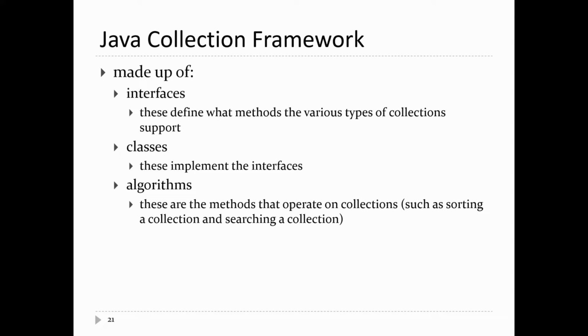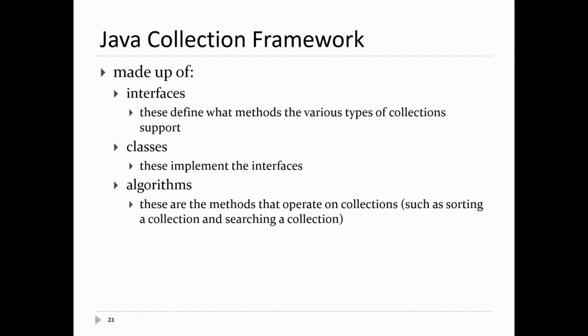In Java, there's a bunch of these collection type classes that form what are called the Java collection framework. The framework is made up of a bunch of interfaces. You've got this thing called list that defines what all lists must do. You've got this thing called set that defines what all sets must do, and you've got this thing called map that defines what all maps or dictionaries must do.